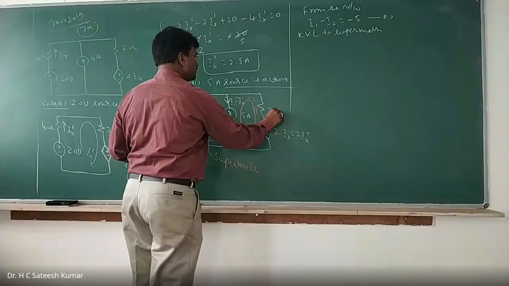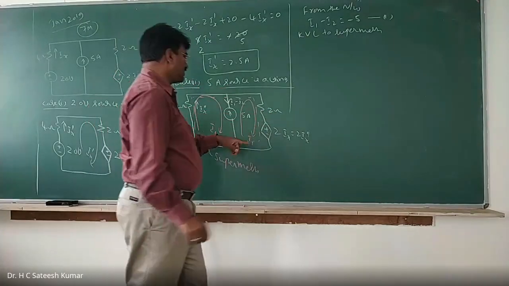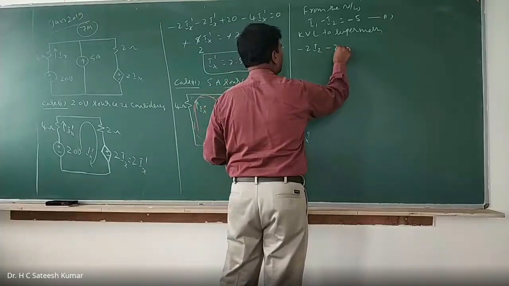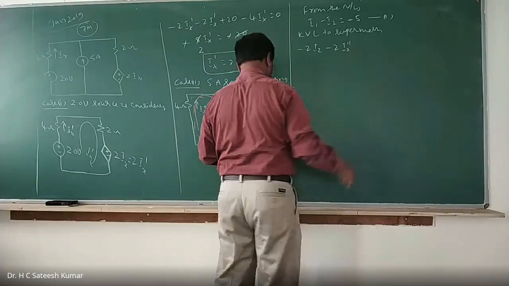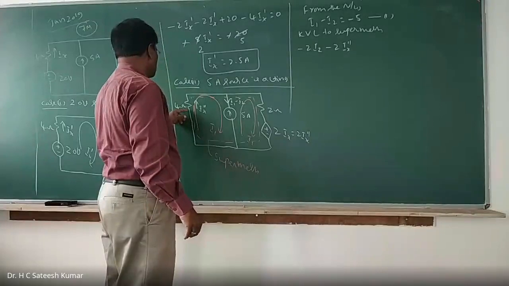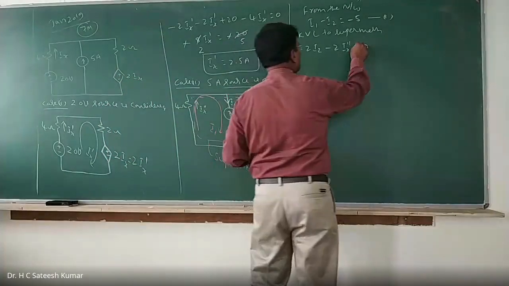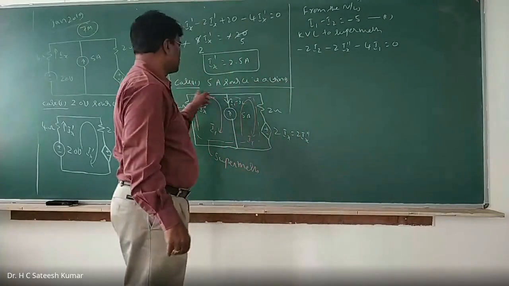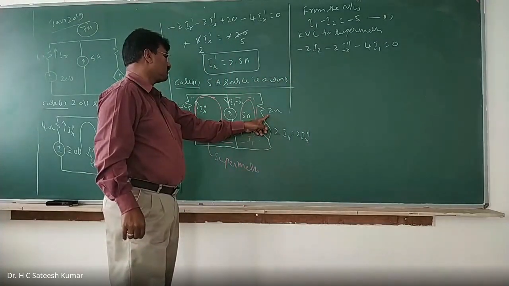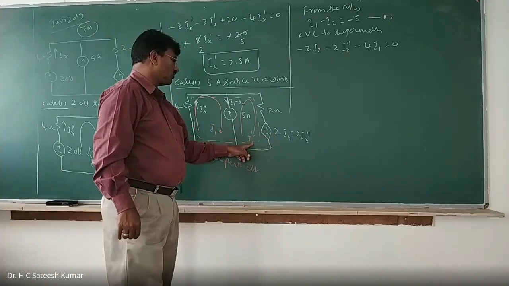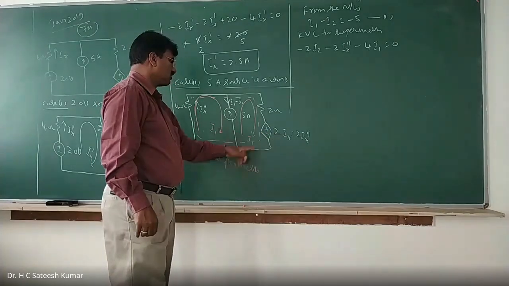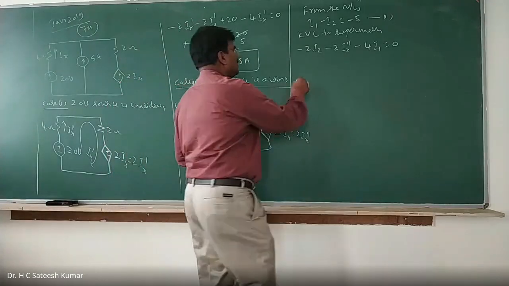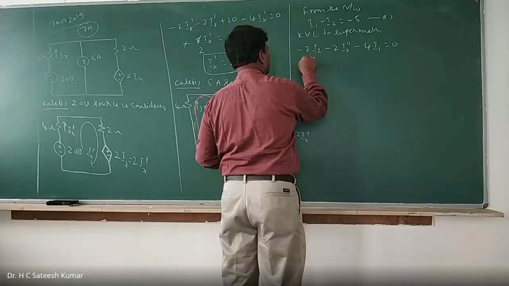2 ohm. Okay. Minus 2 I2, minus 2 Ix double dash, and next minus 4 I1 is equal to 0. But Ix dash is equal to Ix double dash.